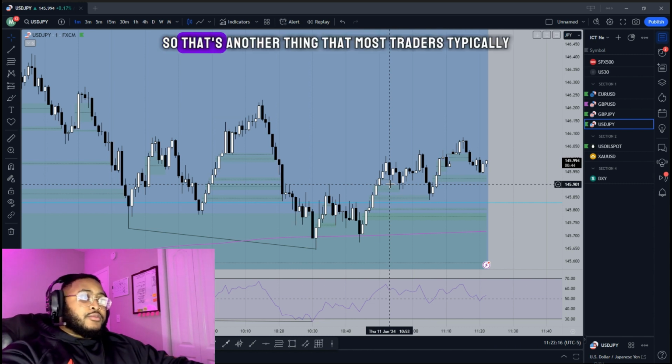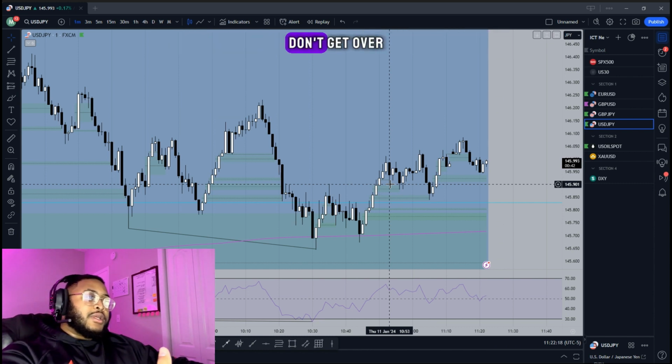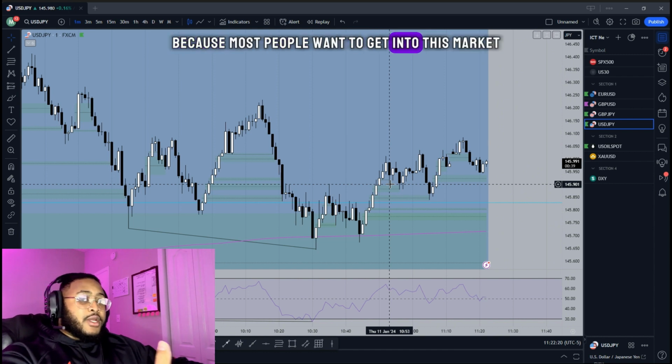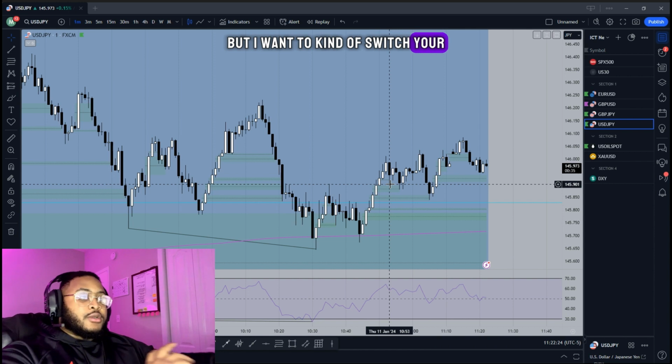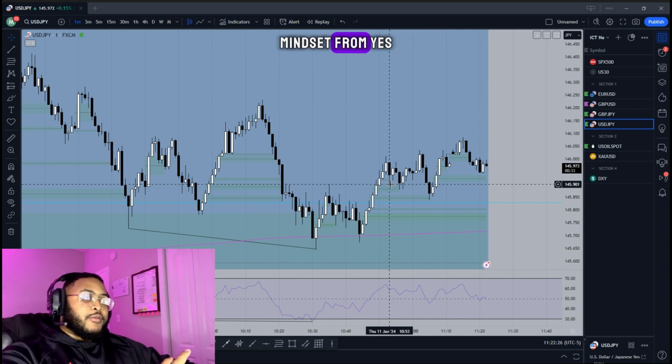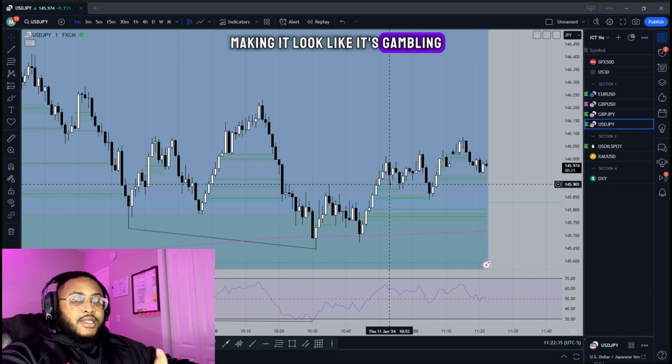That's another thing that most traders typically don't get over, because most people want to get into this market to make money. But I want to kind of switch your mindset from, yes, making money, but how can you do this sustainably without making it look like it's gambling?